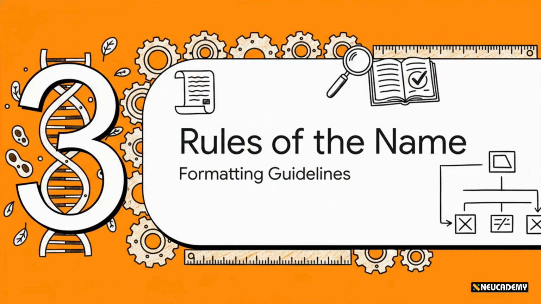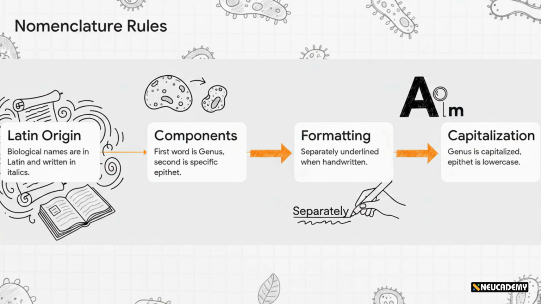Now, you might be wondering, how do we actually format these two simple words? That brings us to Section 3, Rules of the Name. To guarantee absolute consistency literally everywhere in the world, scientific names follow some very strict procedural steps. They're always Latin in origin and italicized. The first word is the genus, and that always starts with a capital letter, followed by the specific epithet in lowercase.